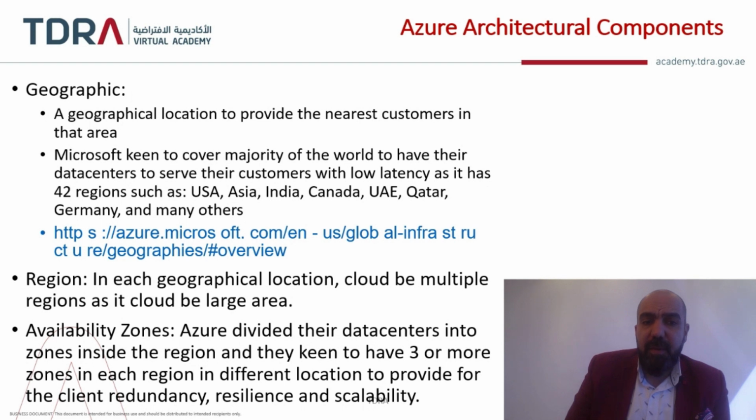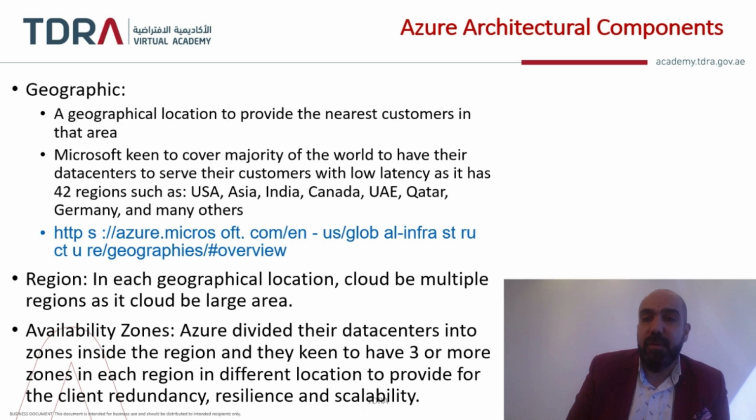What is an availability zone? These concepts you have to understand very well. We have a region, let's say a country, and inside this region there should be availability zones. Azure is keen to have at least 3 availability zones. What's an availability zone?